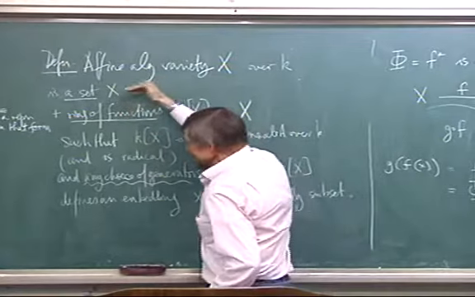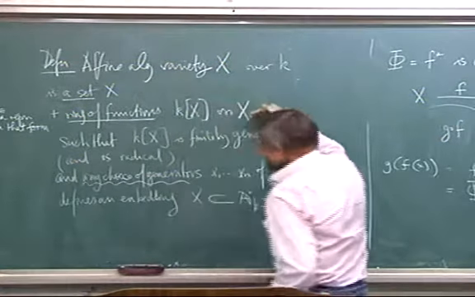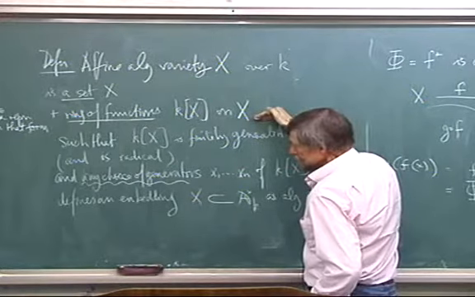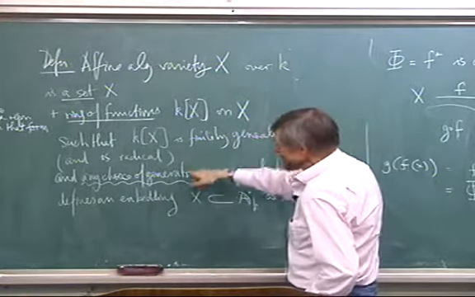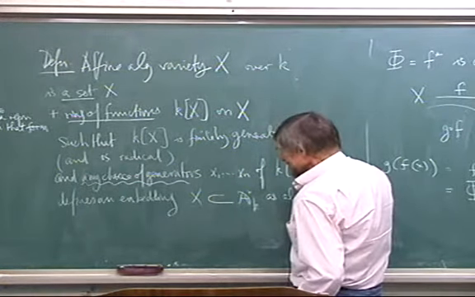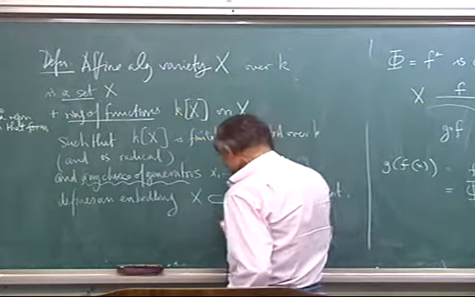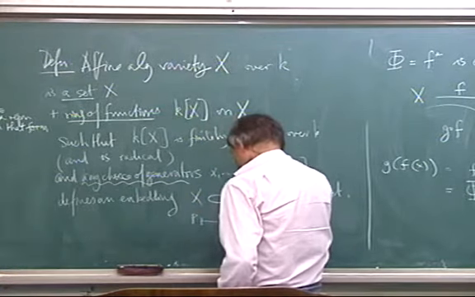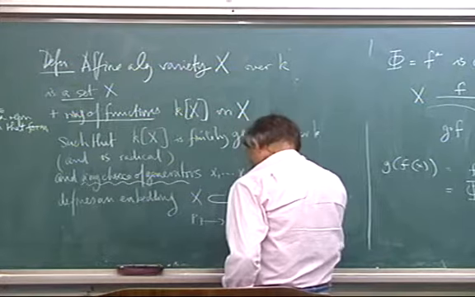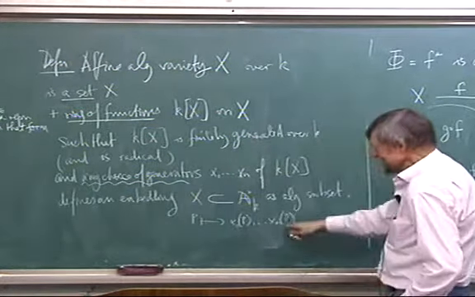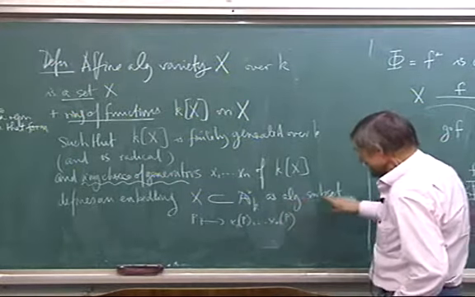I have a set, and I have a certain ring of functions on X. And if I choose generators x1 up to xn for the ring, then this is defining a map. So the point P maps to x1 at P up to xn at P. And this is an algebraic set.